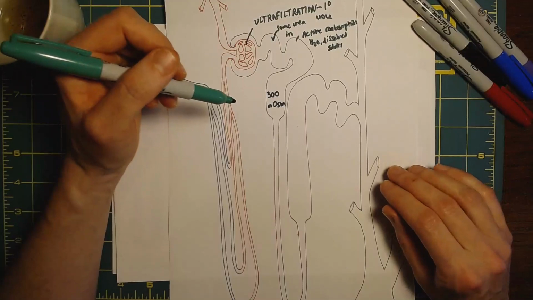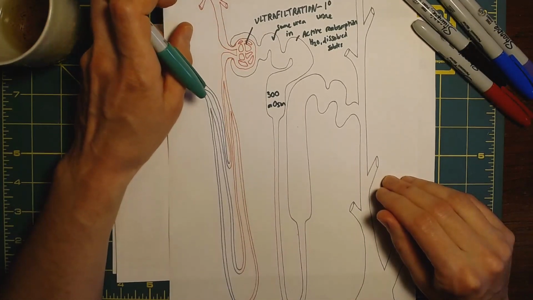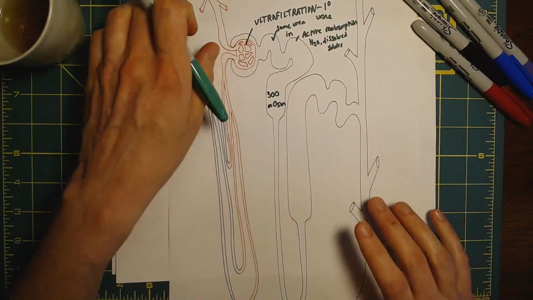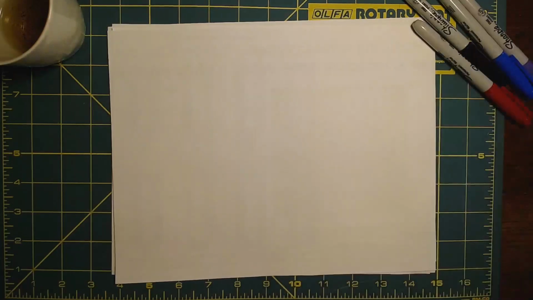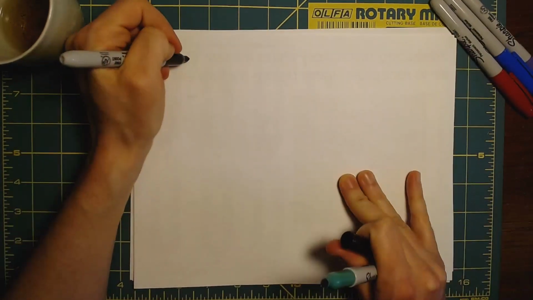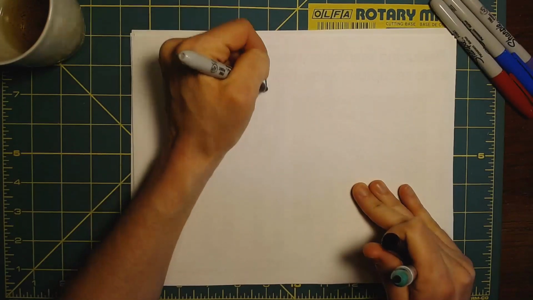What it depends on is the spatial organization of transport proteins, as well as the movement of fluid through two tubes that are parallel to each other, but in opposite directions. So to work our way through this, we're going to start out thinking about these two tubes parallel to each other. Here's tube 1, here's tube 2.